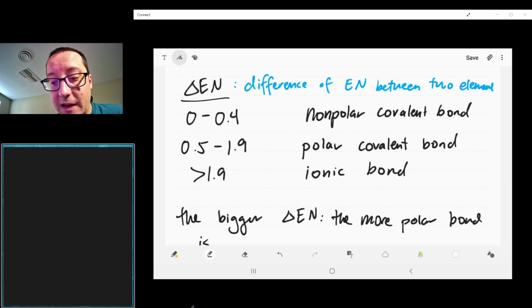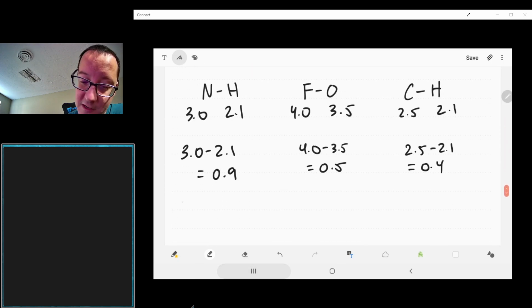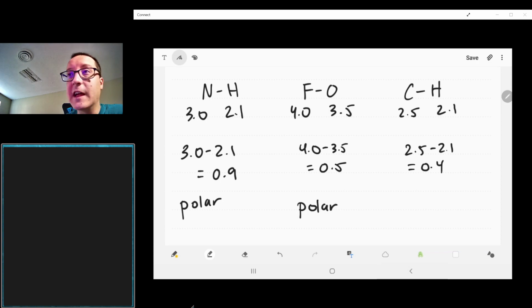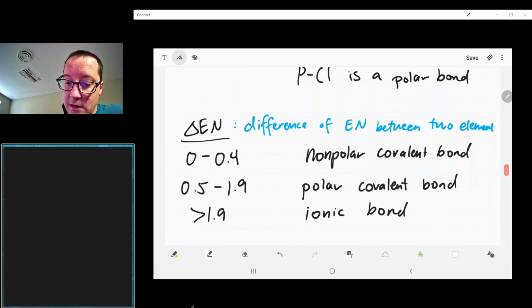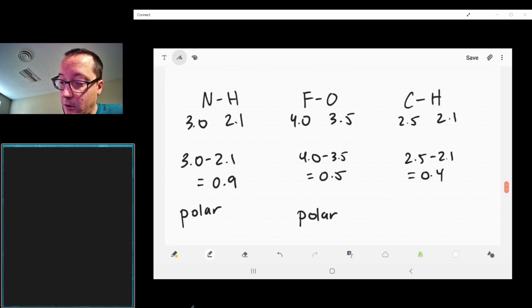That one's going to be smack dab in the middle of our polar covalent category. So we know this is for sure going to be a polar bond. And we're going to say that this one will also fall under that category. We're going to include 0.5 as polar. And our last one was 0.4, which we're going to count as nonpolar.